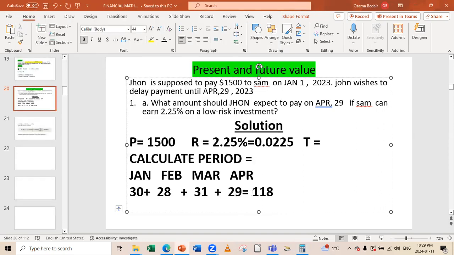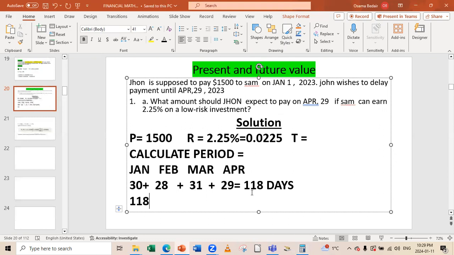Control V, days. But I cannot say it like this. I have to convert it into a period of a year, because we said it's annual. So 118 divided by 365 days.